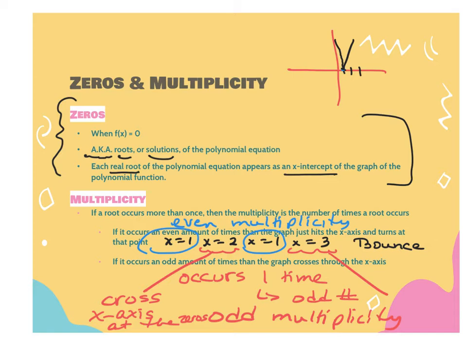But for these two zeros, x equals 2 and x equals 3, it would actually cross through the x-axis when I make my graph. And depending on where the other point is, it's either going to be increasing or decreasing. We're going to see that. But when it only occurs once, it actually goes through the x-axis at that number. So let's actually try this. Let's go to the next example.